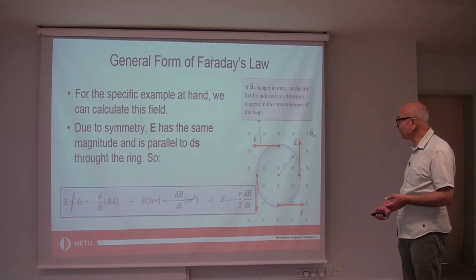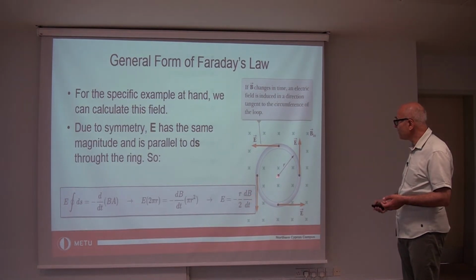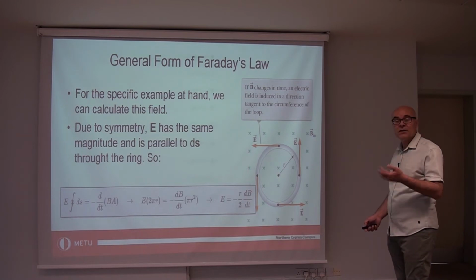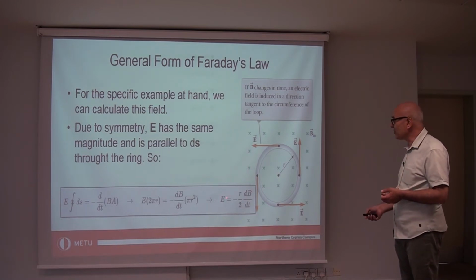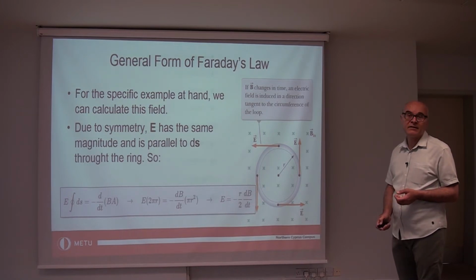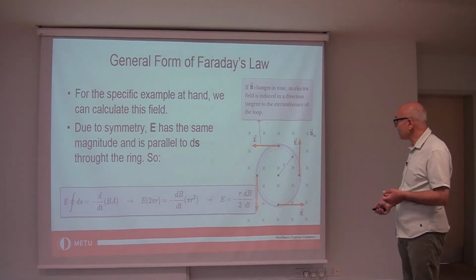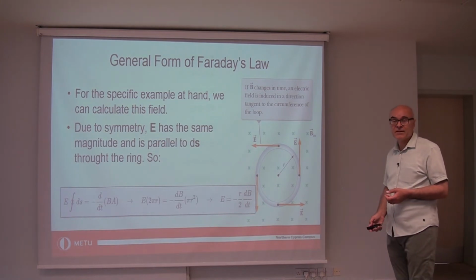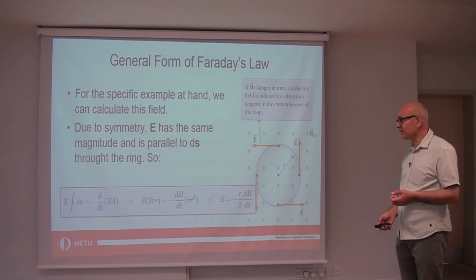As you can see, the electric field is proportional to dB by dt, it is proportional to the radius of the ring, and it depends on how the magnetic field changes in time. So a magnetic field changing in time generates an electric field, and this is the simple relation between them in this specific situation.